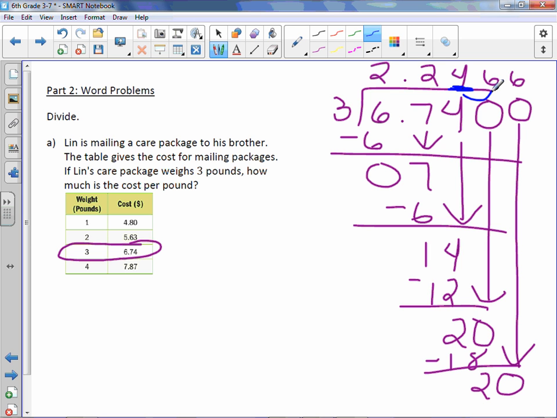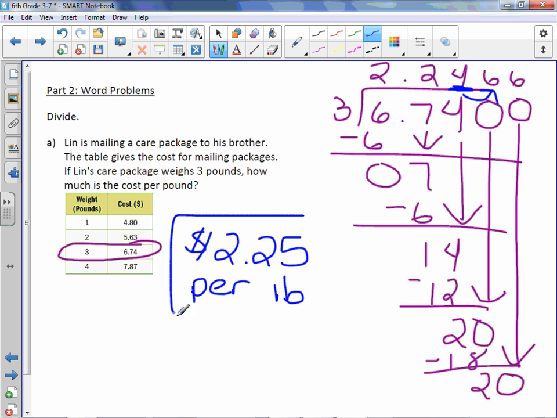So I need to look next door. 5 or greater, add 1 more. 4 or below, let it go. Because this next digit to the right is a 6, that brings this closer to the next number. So I would add 1 to 4. So this would be $2.25 per pound, and pound is abbreviated LB.